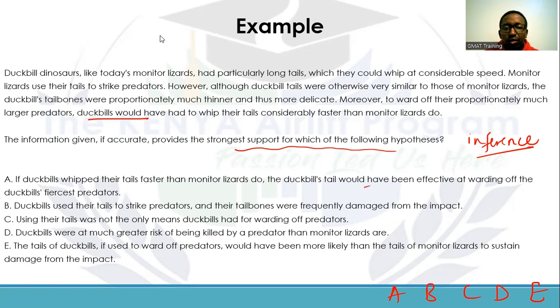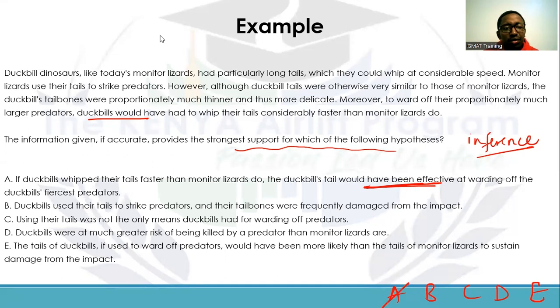So we do not know for sure it would be effective. We are just saying that since monitor lizards use their tails to ward off predators, duckbills would have to whip their tails faster than monitor lizards do, because their predators are much larger, and we know that the tails are much thinner, but we do not know how effective it would be. So A is out.